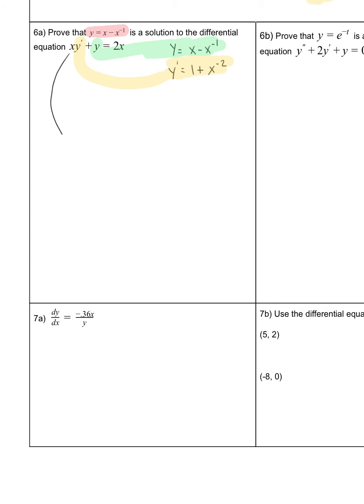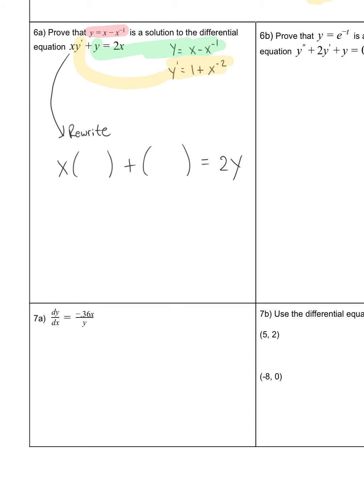We're going to rewrite this. I like to rewrite it using blank sets of parentheses. x times y prime plus y is equal to 2x. So I just took this and rewrote it, but instead of y prime, I put in a blank set of parentheses, and instead of y, I put in a blank set of parentheses.